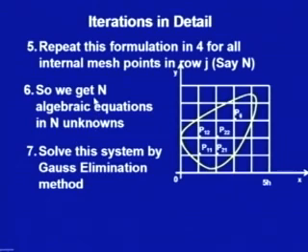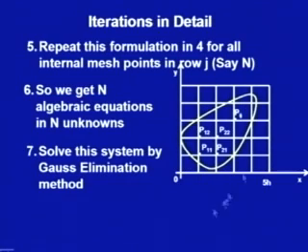Now, in this manner we will go for all rows j, that is, starting from j is equal to 1 to j is equal to n, for however many grid rows we have taken.